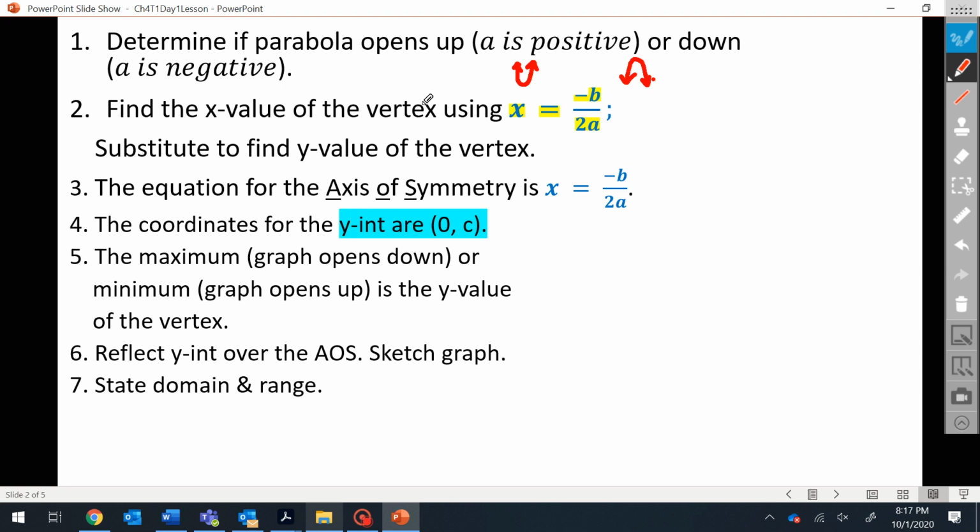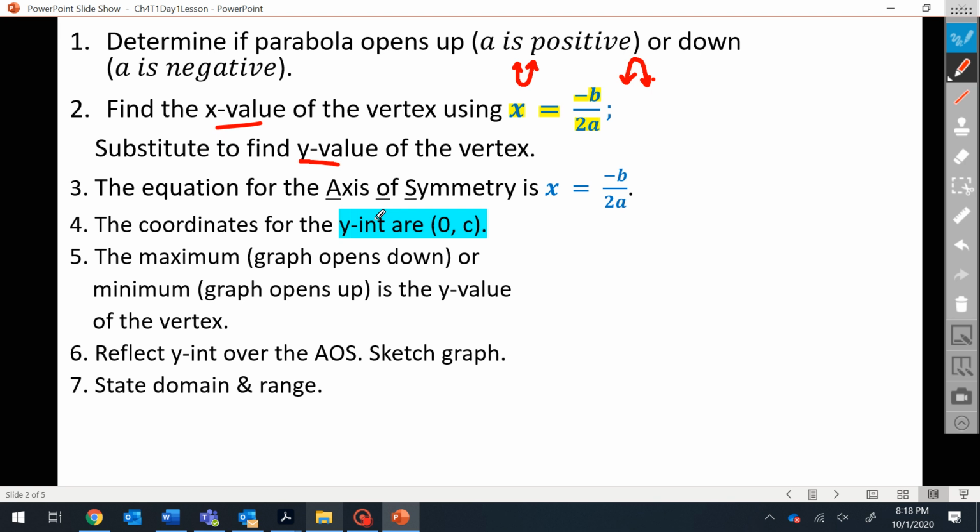We find the x value of the vertex by using this formula: x equals negative b over 2a. b and a come from the quadratic equation. And then whatever that value is, we substitute it into the equation to find the y value. What that will give us is the ordered pair for the vertex, the x value and the y value.